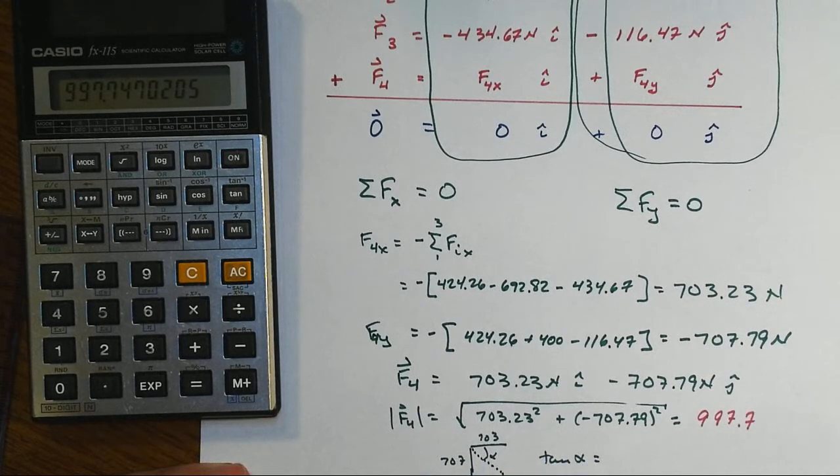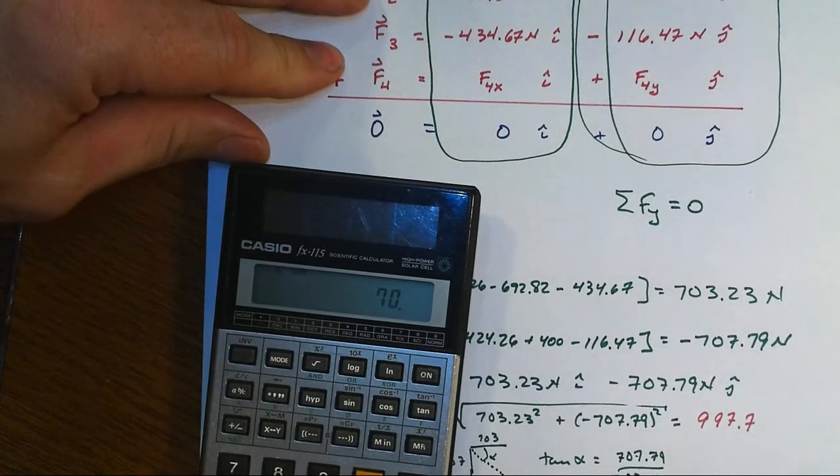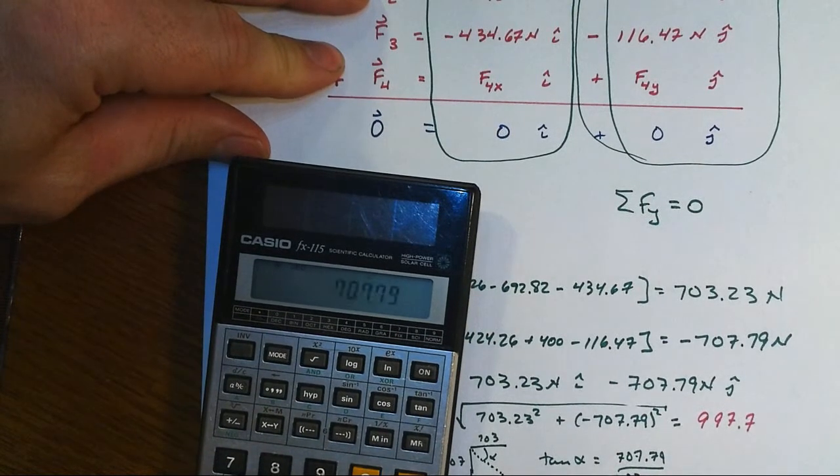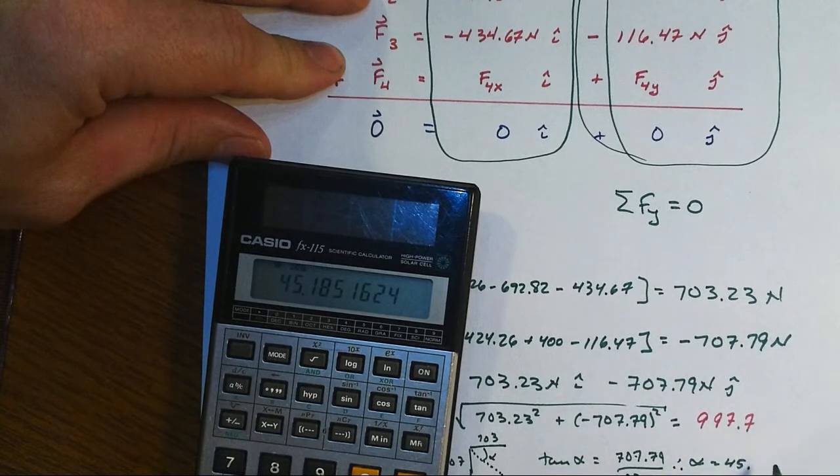Tangent of alpha is opposite over adjacent, so 707.79 over 703.23. That's inverse tangent, therefore alpha equals 45.2 degrees.